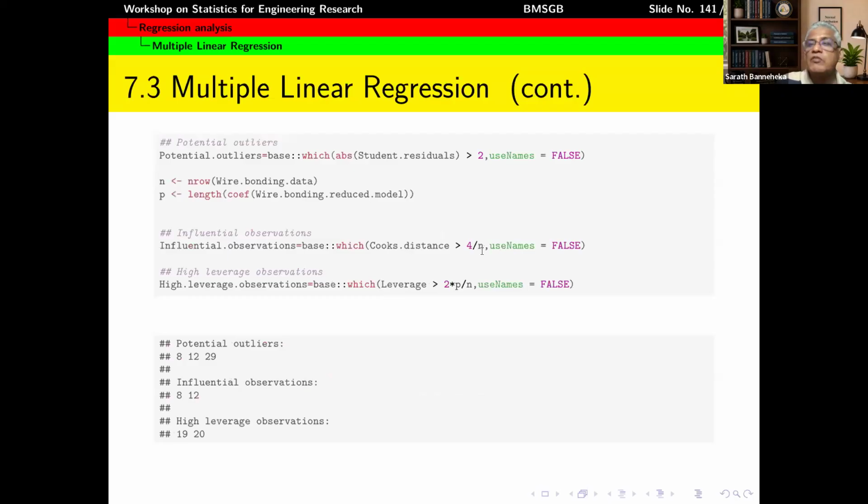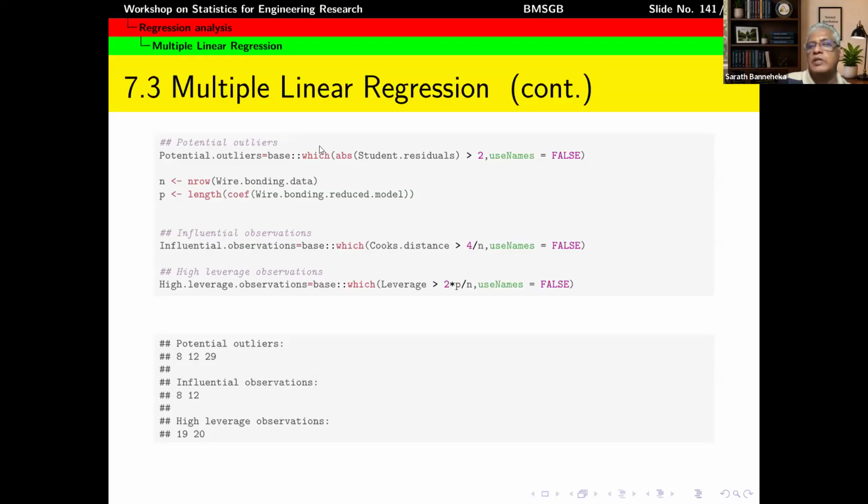And then we will try to identify influential observations as well as outliers, if there are any. Potential outliers are usually considered to be the ones whose absolute value is greater than 2. We are assuming that the errors are normally distributed, and therefore we also expect the residuals to be approximately normally distributed. Standardized residuals are expected to be approximately standard normal.